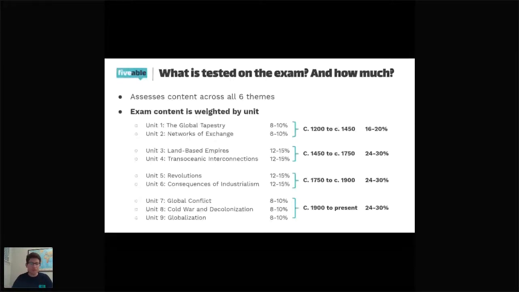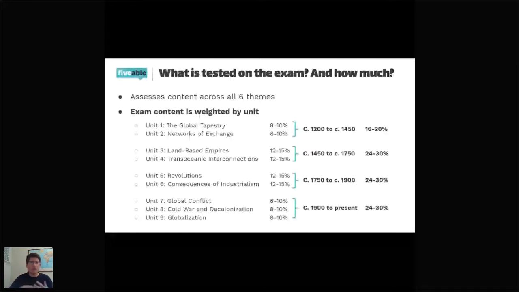That means multiple choice, and it means your short answer and DBQ, LEQ questions will come from those units. Then units 3 and 4, you see a slight uptick there, 12 to 15% for unit 3, 12 to 15% for unit 4, with land-based empires and transoceanic interconnection.